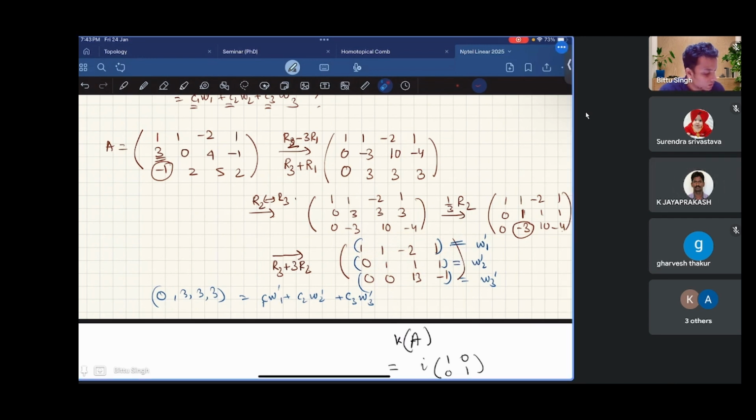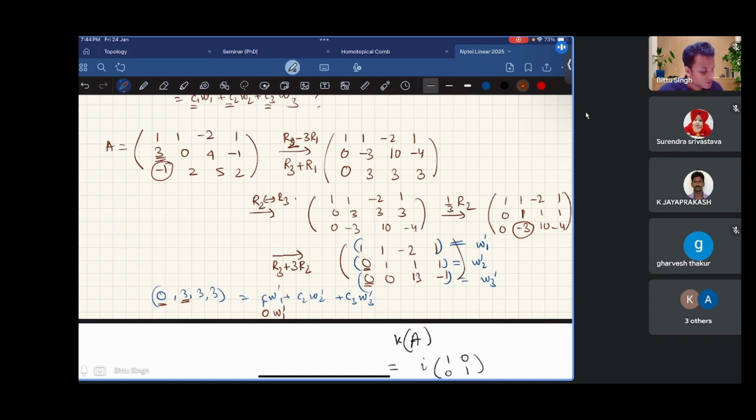If you choose any non-zero coefficient, you cannot produce 0 here, because the other row contains 0 in the first column. So the first element must be 0 times W1 dash.